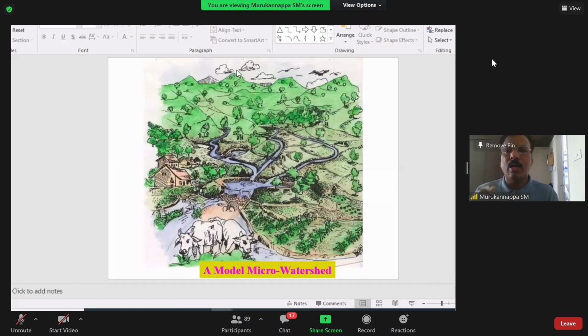This is the whole. If you want it in detail, I will explain one by one. Today I will give you the framework: what are all the things to be done for this category of land, what are the things to be done for the non-cultivated, and what are the things we have to follow in the drainage line for the conservation. So let us study one by one.